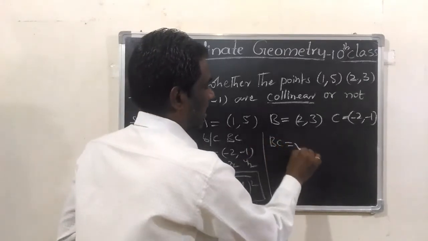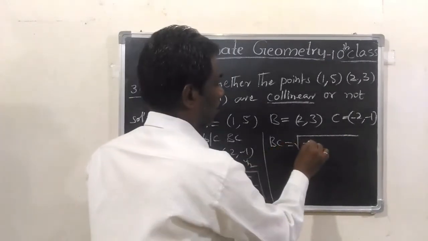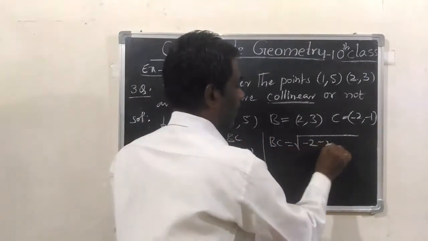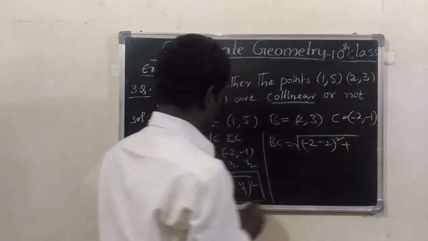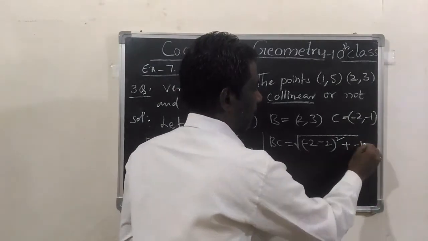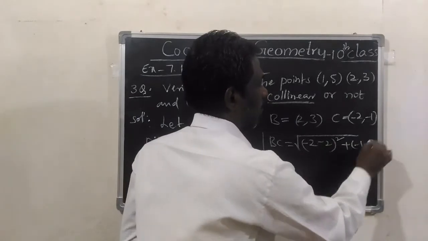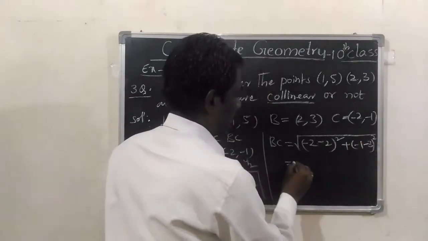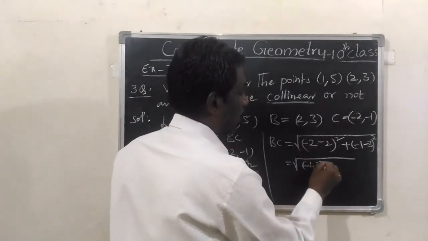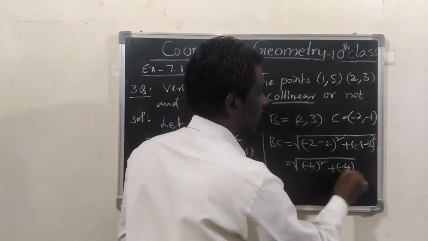BC equals under root of x2, x2 is minus 2, and write minus x1, x1 is 2, whole square, plus y2, y2 is minus 1, and minus y1, y1 is 3, whole square, equals under root of (minus 2 minus 4) whole square plus (minus 1 minus 3) whole square.